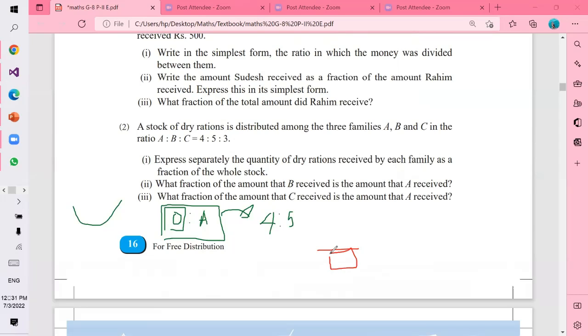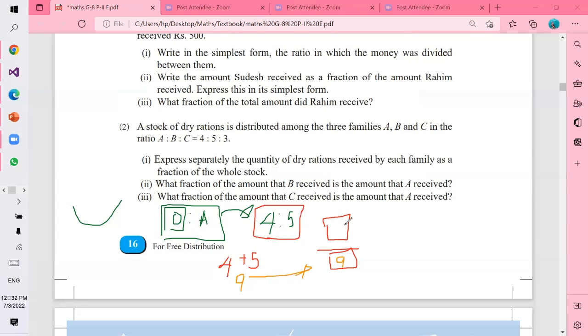The total is the denominator and the number of oranges is the numerator. So the total of oranges and apples is the total of 4 and 5. That means you have to add the terms of this ratio. So when you add 4 plus 5, what is the answer, Viara? 9.